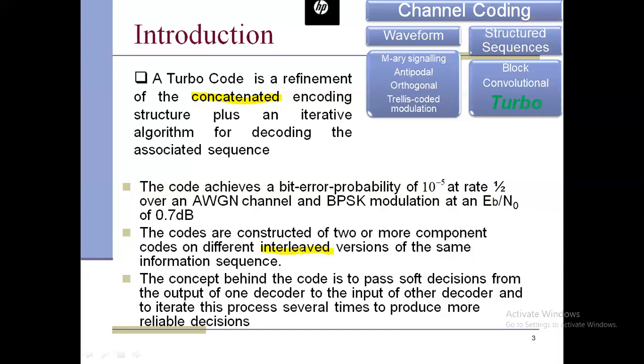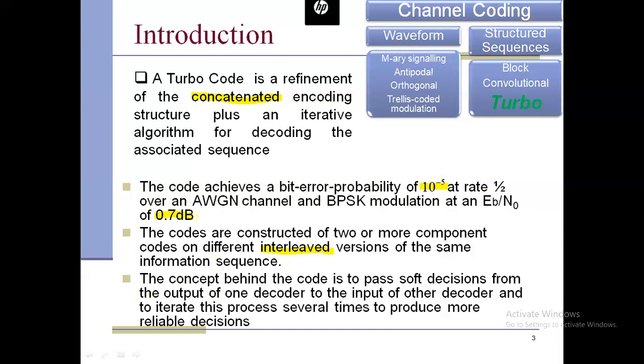So by this soft input and soft output decoding, we have a significant performance gain, that a bit error probability of 10 raised to power minus 5 can be achieved at 0.7 dB.